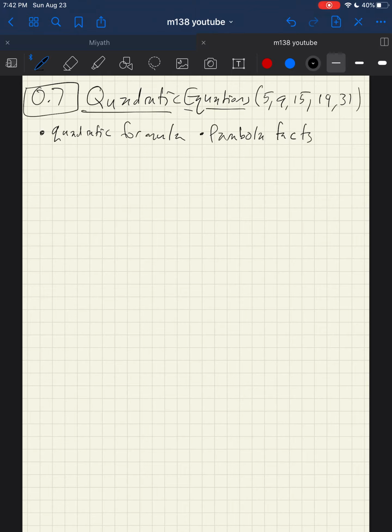Okay, so first, let's write down the quadratic formula, although probably a lot of people already know it. If we have that ax squared plus bx plus c equals 0, then we get that x equals negative b plus or minus the square root of b squared minus 4ac all over 2a.